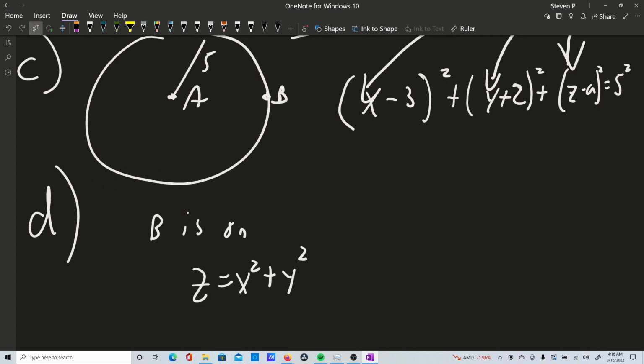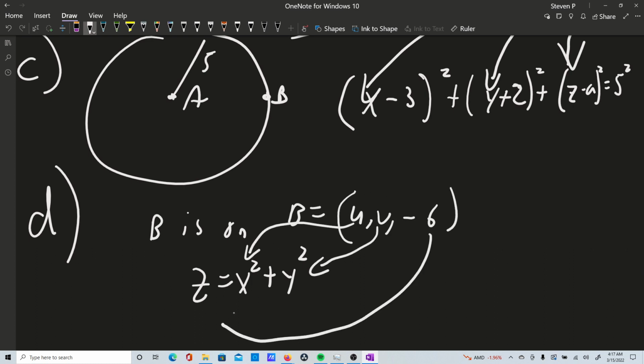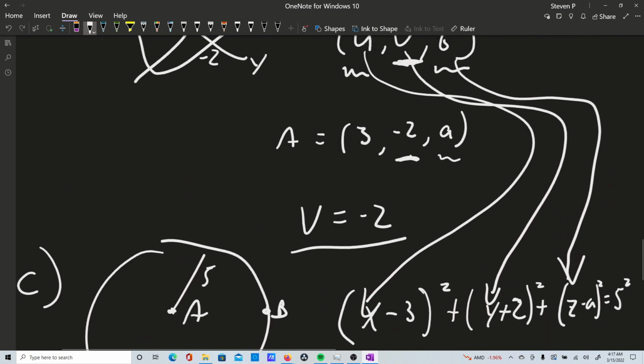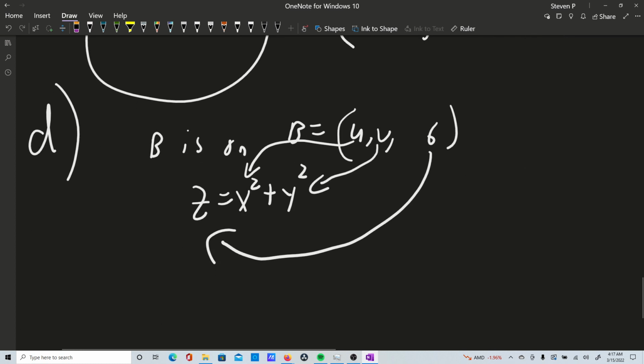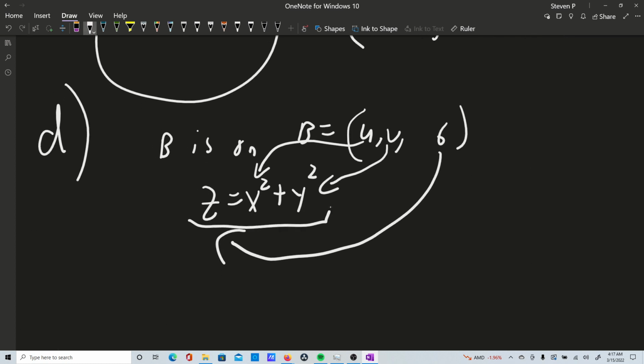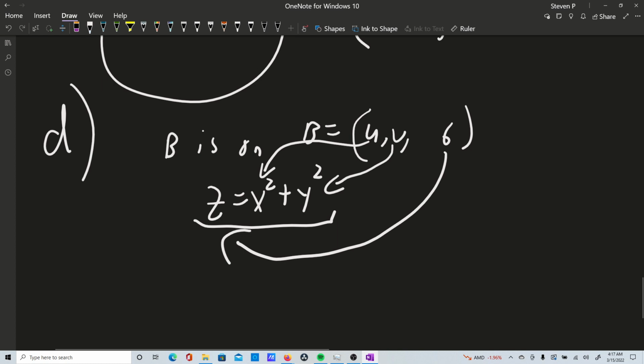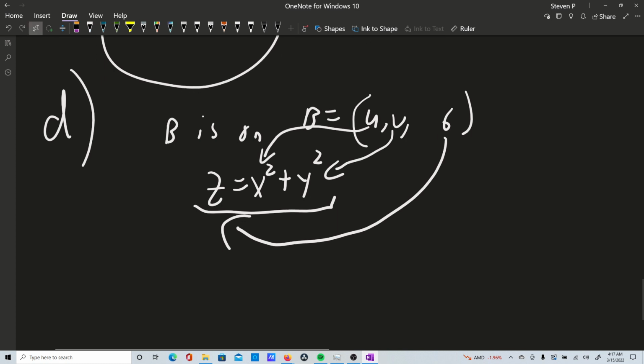Whatever points you had for B, u, v, and -6, or u, v, and +6, I guess, just plug those in and you should be golden. You're not asked to do much. They give you the equation of the paraboloid and you're just asked to plug it in. The fact that B is on that surface means that it satisfies the equation.